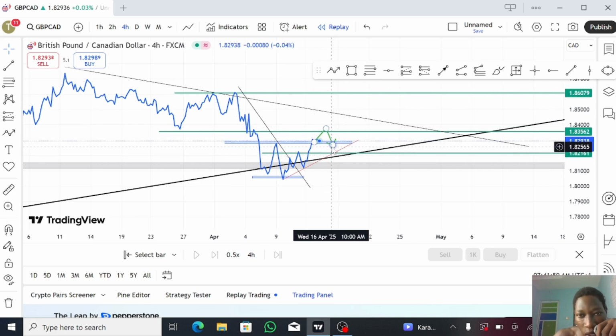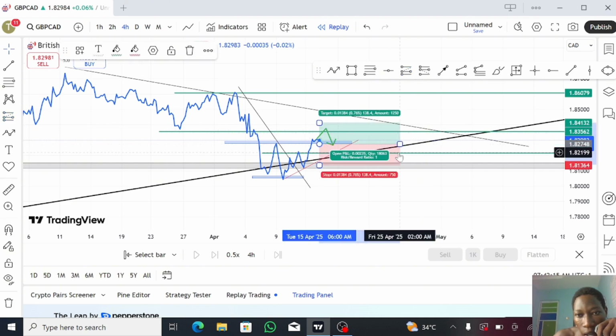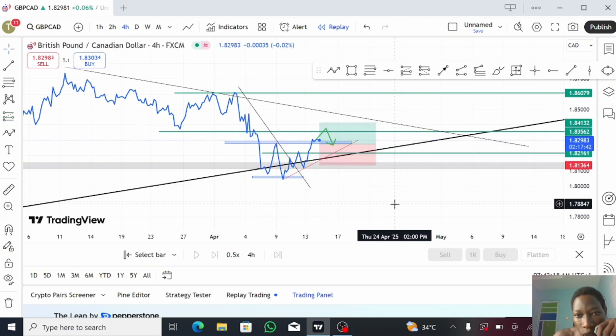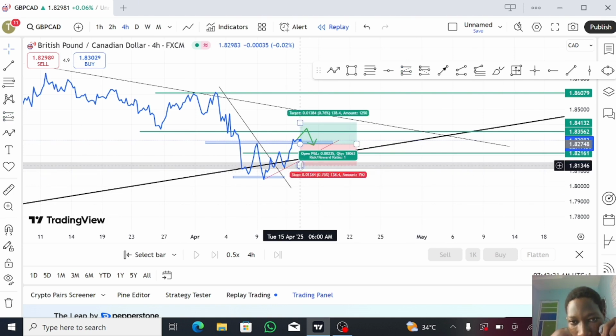But if I enter at this point and the market wants to start going up, it might start going up from here, or it might still come down to this particular point to retest and then continue going up. So my stop loss, that's a long position, somewhere here, and then my stop loss is good at this point here.